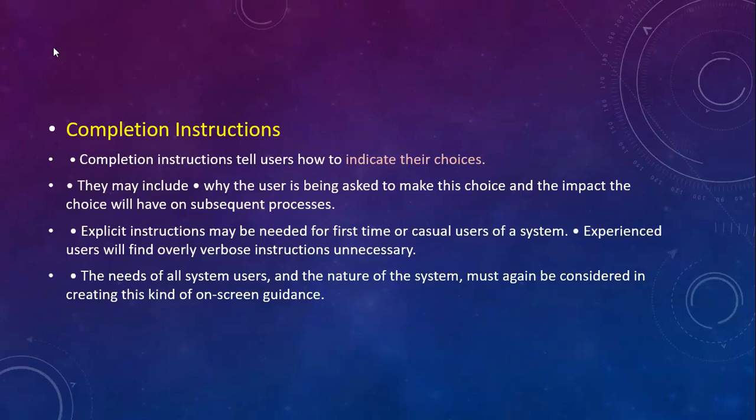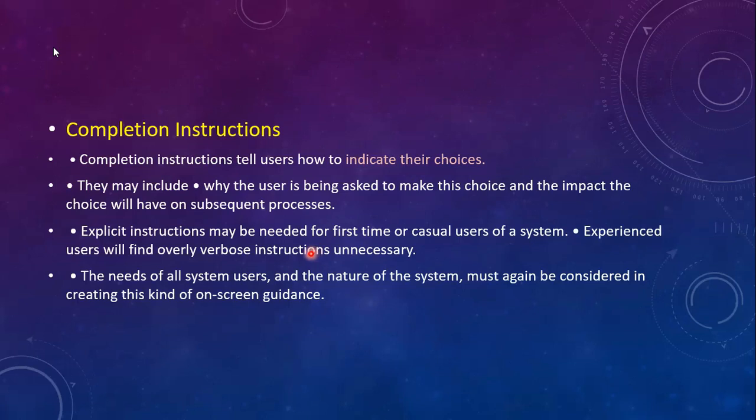Completion instructions. Completion instructions tell users how to indicate their choices. They may include why the user is being asked to make this choice and the impact the choice will have on subsequent processes. Normally explicit instructions may be needed for first-time or casual users of the system, and if the system users are experienced, then you will find overly detailed instructions unnecessary.